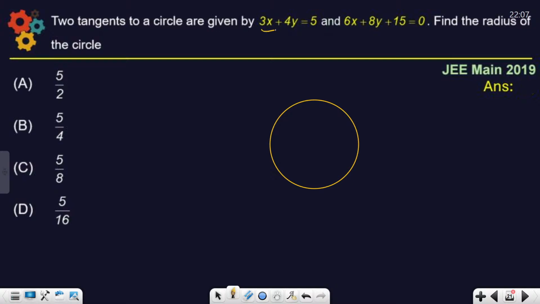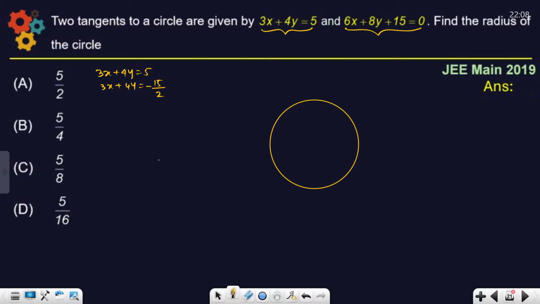This line and this line are parallel to each other. Can you observe that? One is 3x plus 4y equals 5, and the second one is 3x plus 4y equals minus 15 over 2.